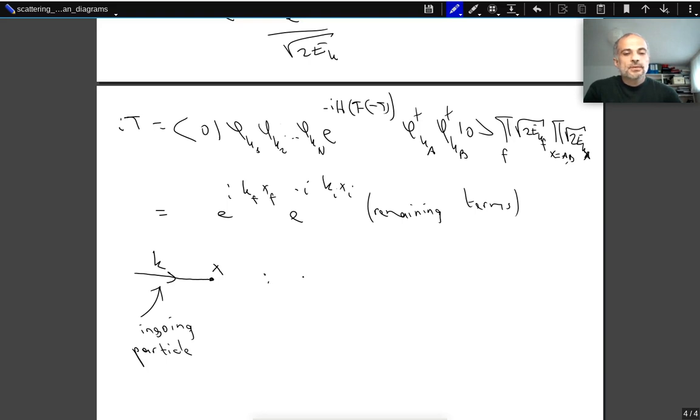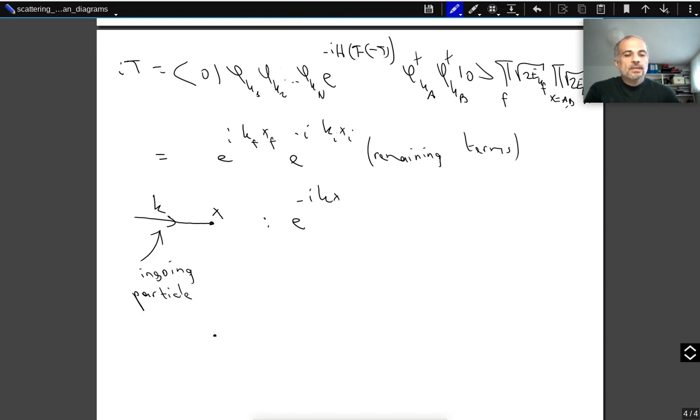This corresponds to a factor e to the power minus i k x. And if we have an outgoing particle that appears from a vertex at the point x, this will give us an e to the power plus i k x from these exponents over there. So these are the Feynman rules that will allow us to calculate the scattering cross-section amplitudes.